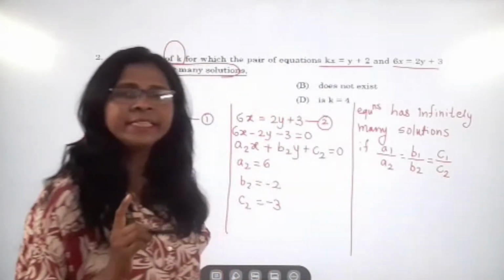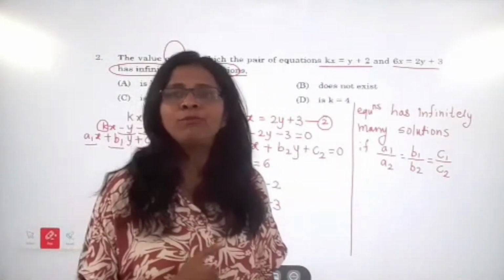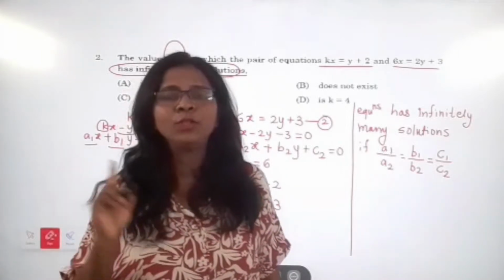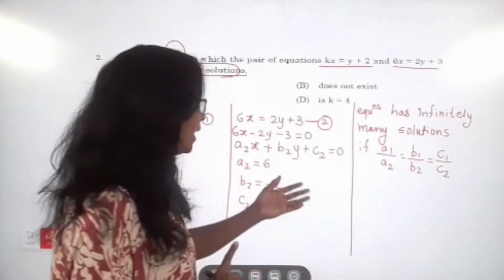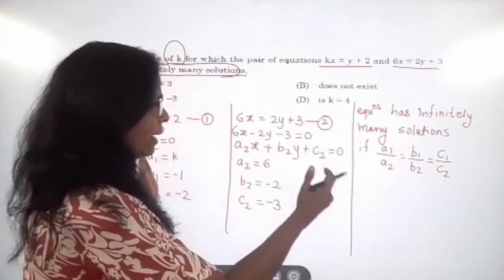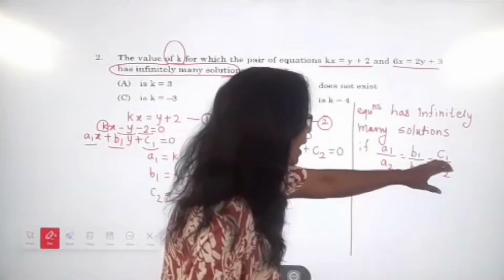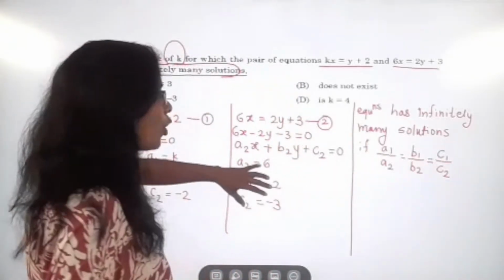Okay, if this condition is applicable, then we can say that the equation has infinitely many solutions. Yes, see here whether this condition is applicable for these values or not.